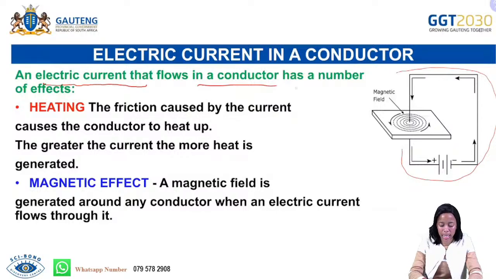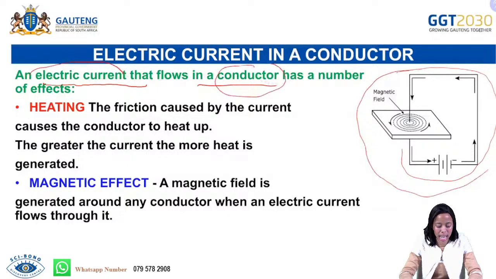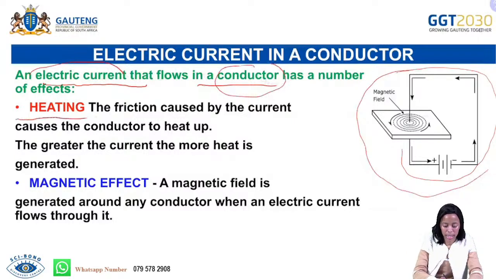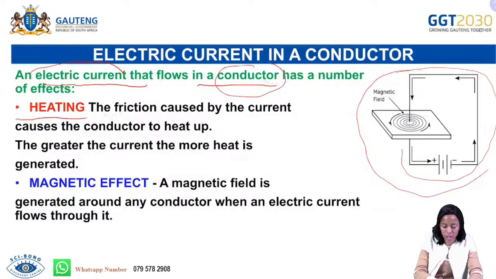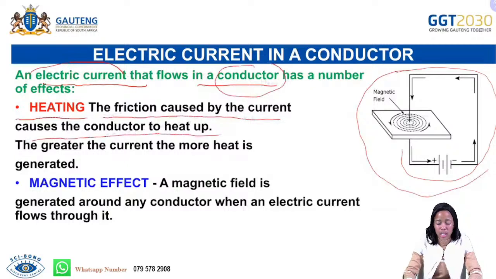If we have a current flowing in a wire that is a conductor, it has a number of effects. Number one says that this electric current will cause heating, and the friction caused by the current causes the conductor to heat up.